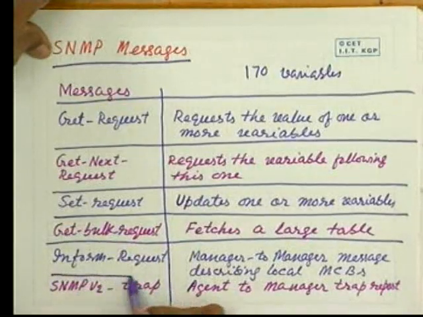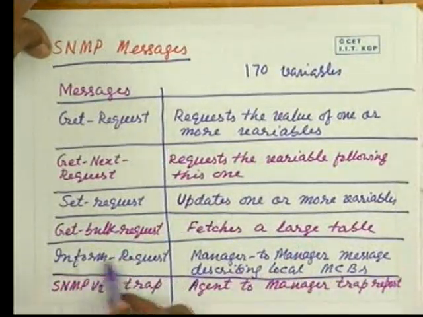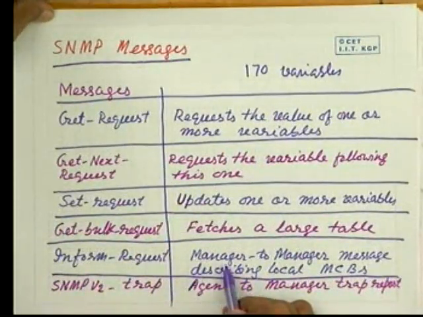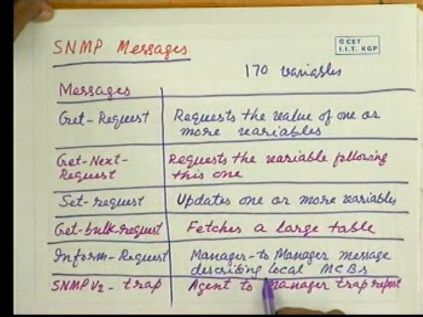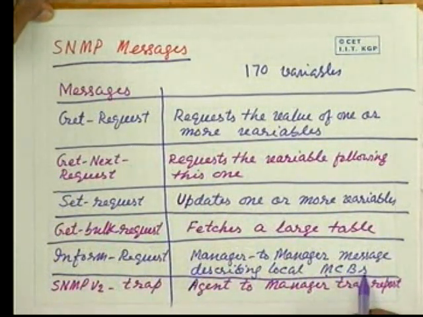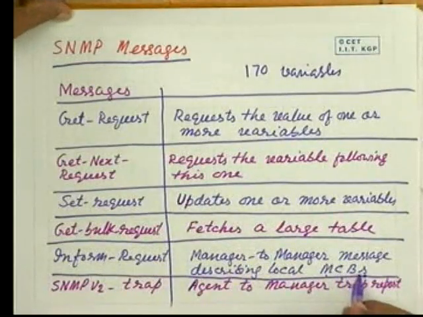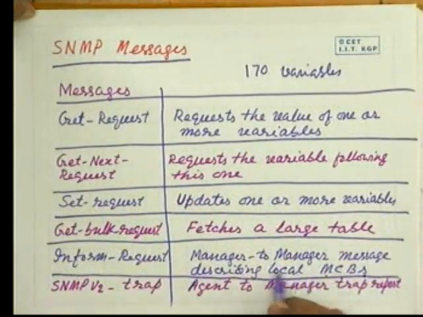And then information request, this is a manager to manager message describing local message control blocks. As I said, there can be management information base, and management control blocks can be sent.